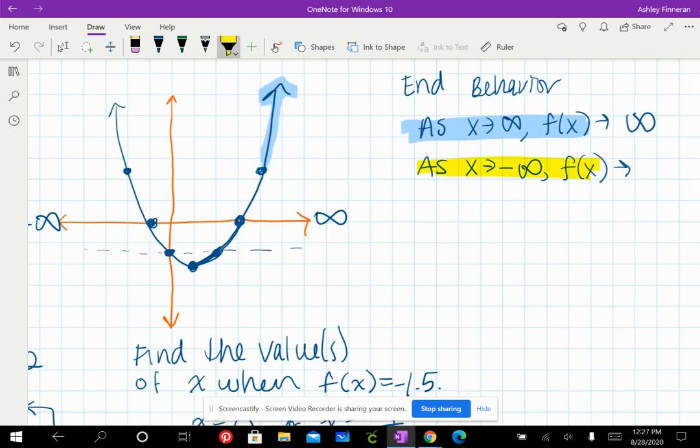As x goes towards negative infinity, so as x gets smaller, where are the y's going? And that's also going towards infinity. It should make sense that for a parabola, those are always going to be the same because of the idea of symmetry and the shape of the parabolas. So those will always match. So they will either be infinity or negative infinity.